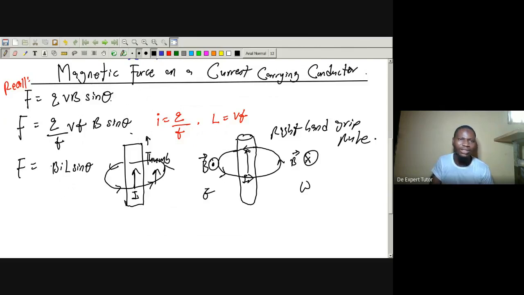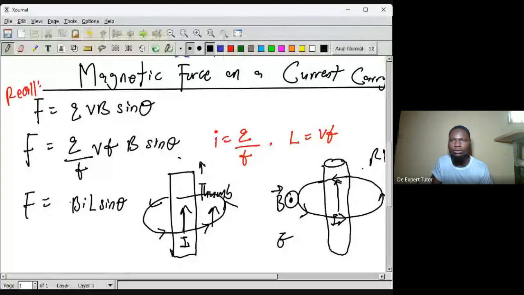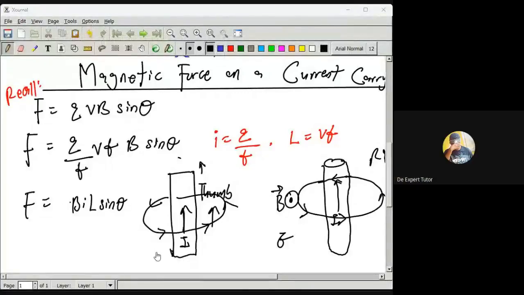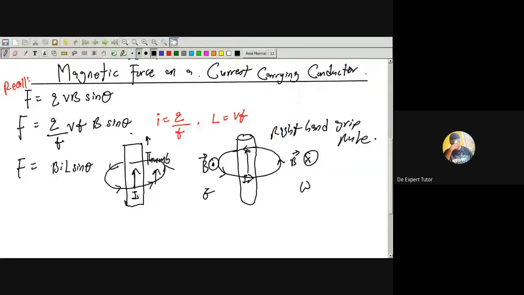And what is this theta? Let's continue. Well, theta is just the angle between the direction of the electric current and the magnetic field. Pay attention. If I have the current carrying conductor this way, this is the direction of the current, and the magnetic field is moving this way.